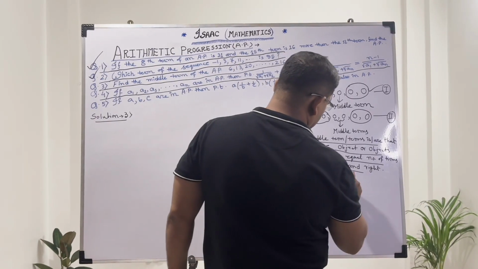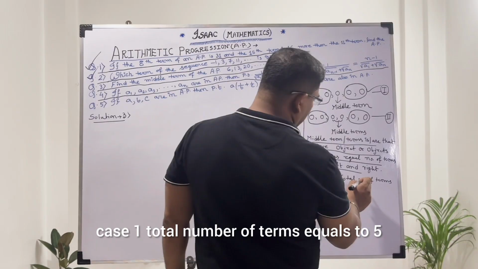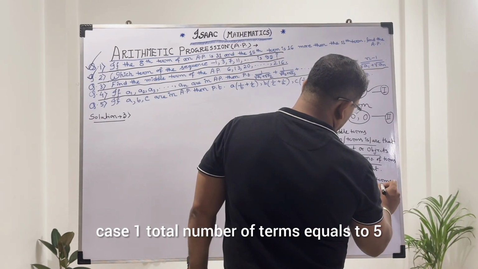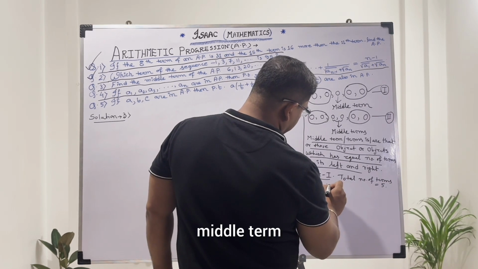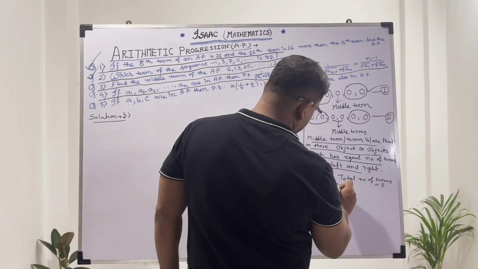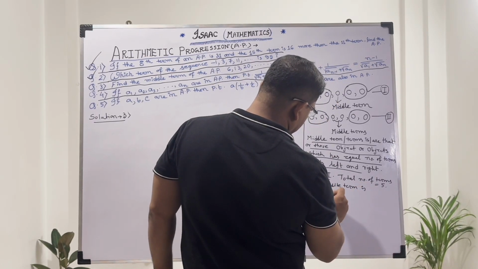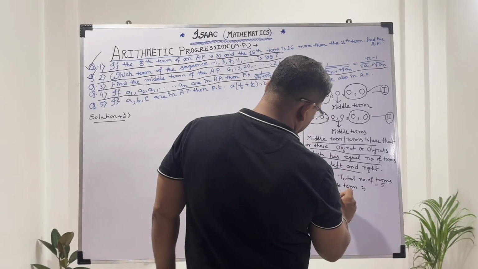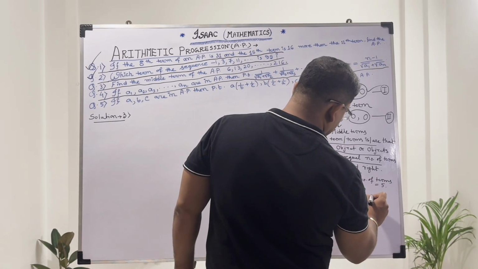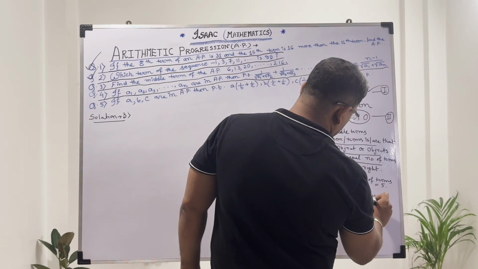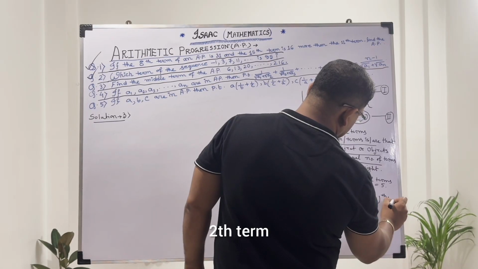Case 1, total number of terms equals 5. So the middle term is the third term, that is (5 plus 1) by 2 th term.